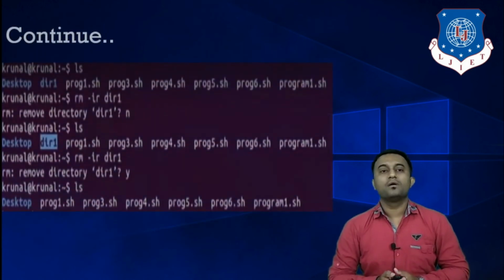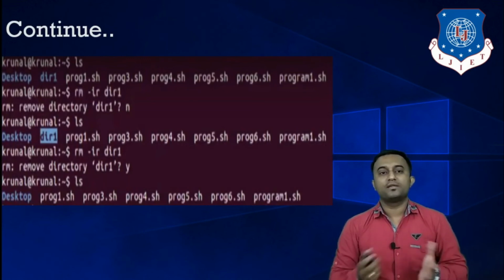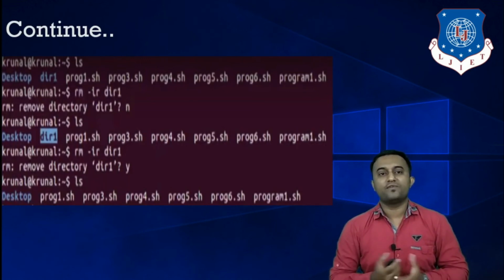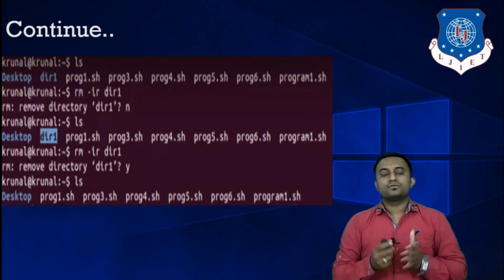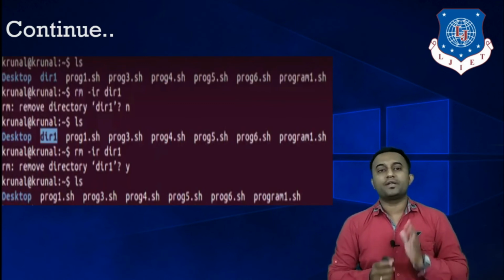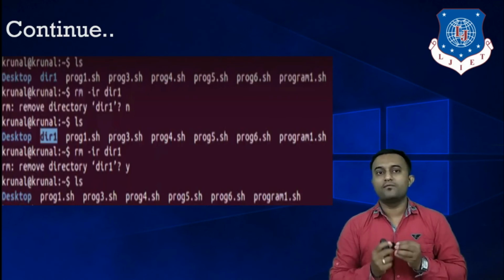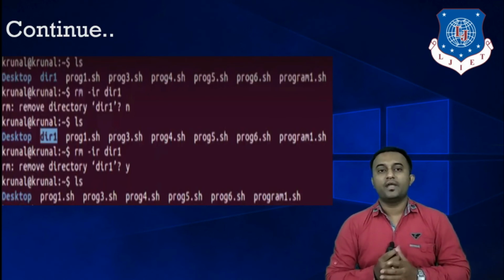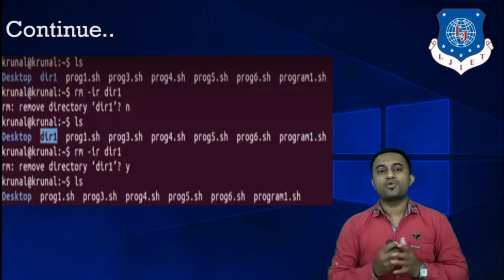The next one is, as I told you, the ls command, through which you can list the set of directories and files. Now, one more option we have while removing a directory. Suppose you make a mistake removing a directory and it cannot come back. To avoid such a problem, we have one option.